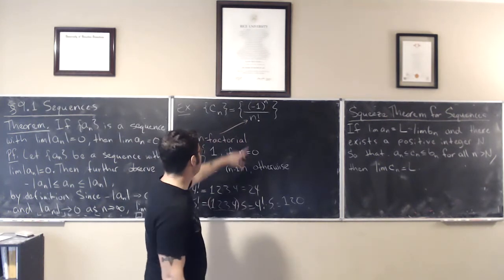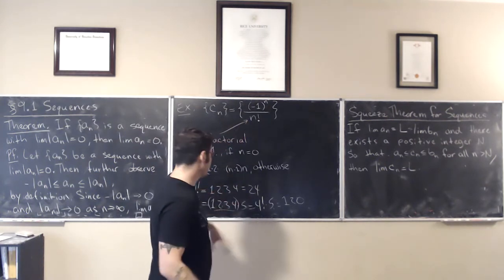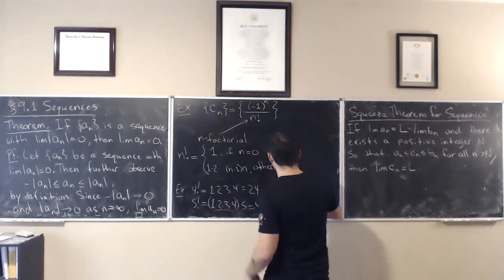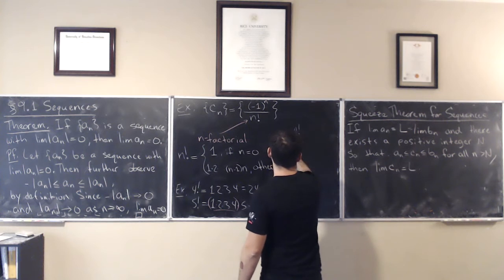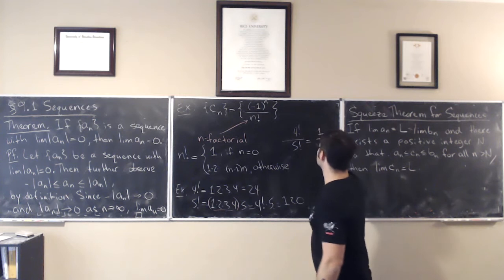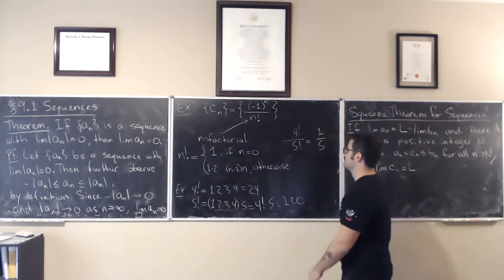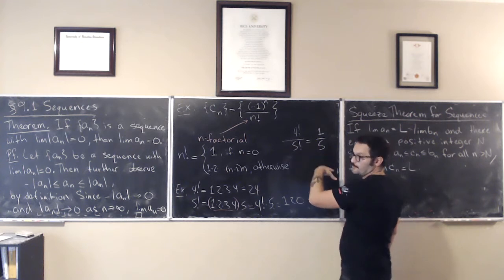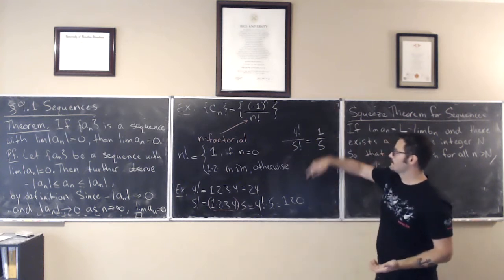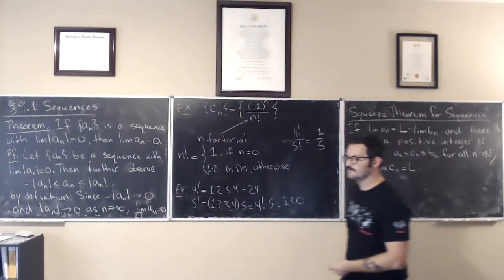I know I'm kind of on a tangent right now, but let me just show you something because I think there are problems in the textbook about it. If you were to look at 4 factorial over 5 factorial, that's just 1 over 5. Because 5 factorial can be written as 4 factorial times 5, divide out all those numbers, and you're left with just 1 over 5. Just keep that in mind.